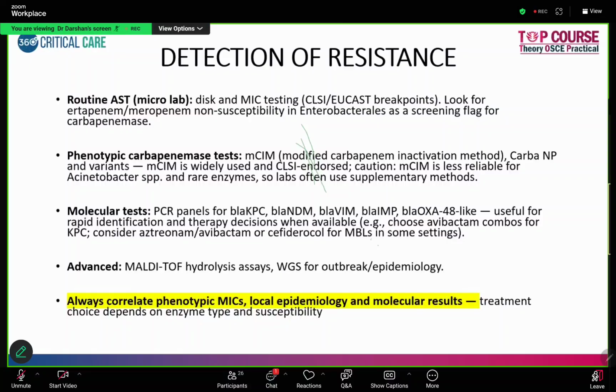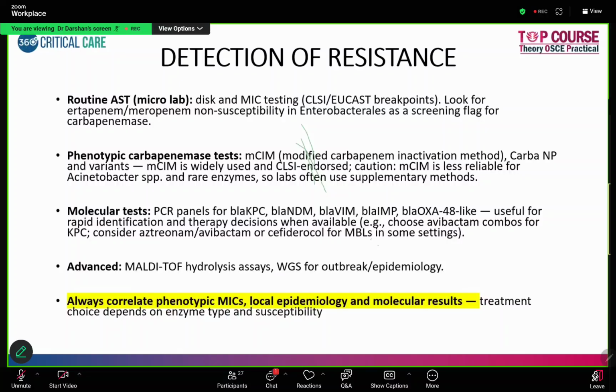Once you find out that there is resistance to one of the carbapenems, then you go ahead for the next one. Whenever we see carbapenem resistance, always look for resistance to meropenem and ertapenem. If at all they say imipenem sensitive, meropenem resistant, there itself you should be alert and see that this patient has already developed a carbapenem resistant organism.